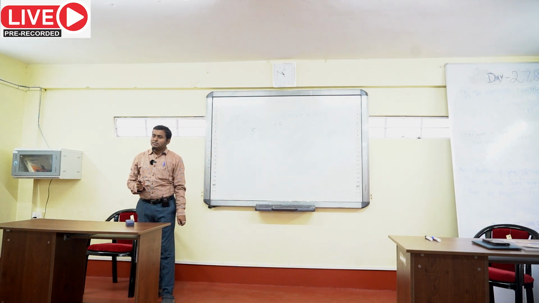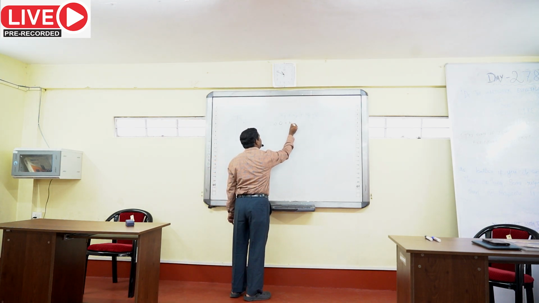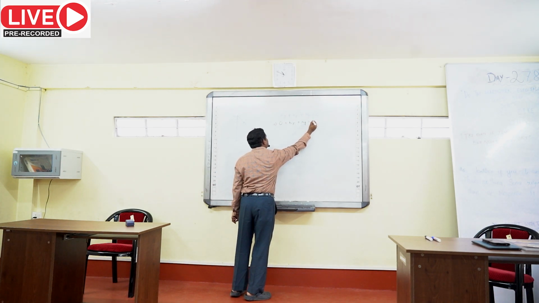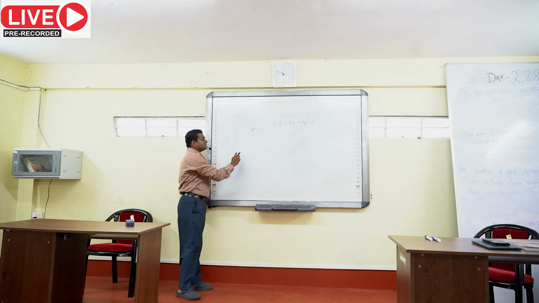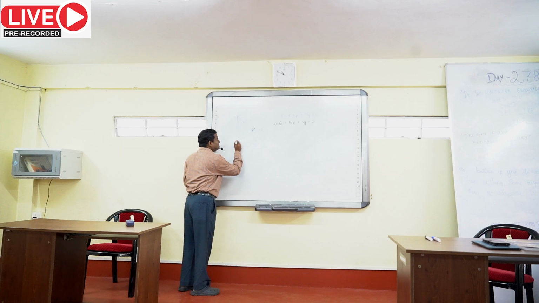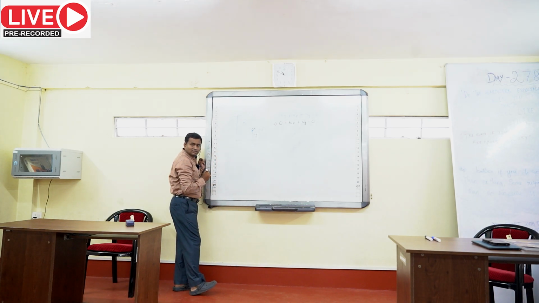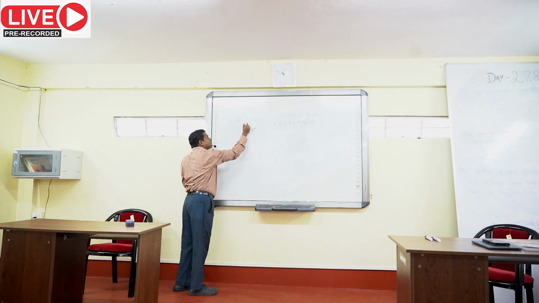Then I can write WF plus WG should be equal to 0. Clear? Now, what is the work done by mg? How much is it rising? Suppose this is y, this angle is theta, and this length of the string is L. So just do this geometry.